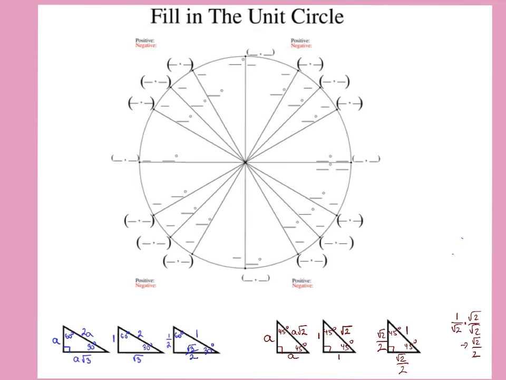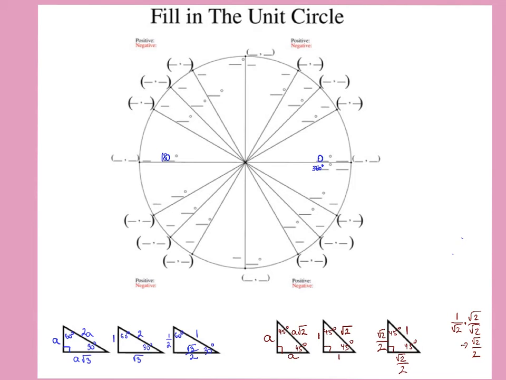So for the angle measures, I'm going to use blue color. So this here is my 0 degrees. I know that this is a straight angle, so at a straight angle, I will have 180 degrees right here. And if I go all the way around the circle, I know I am going to land on 360 degrees.